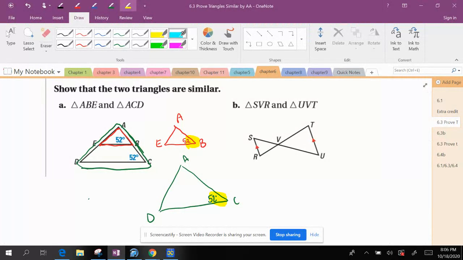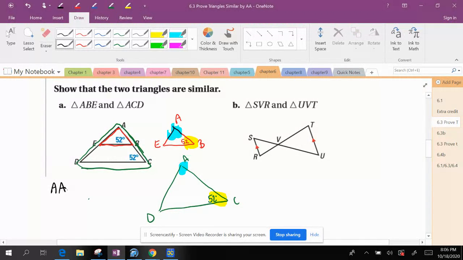And angle A, they both share angle A. A literally in the smaller triangle lays on top of the larger triangle. It overlaps. Well, that's pretty good. They almost are exact for my drawing. They overlap. So that means both A's in both triangles are congruent. I don't know exactly what the measure is, but I know they are congruent. And it's a fact. So I can prove these true by AA.